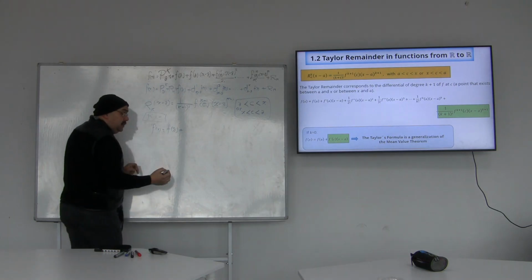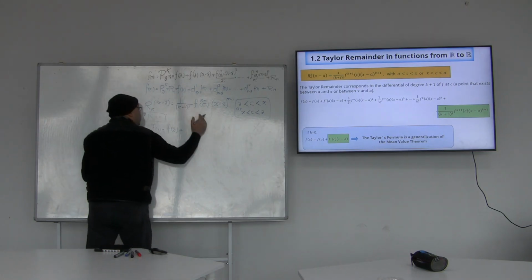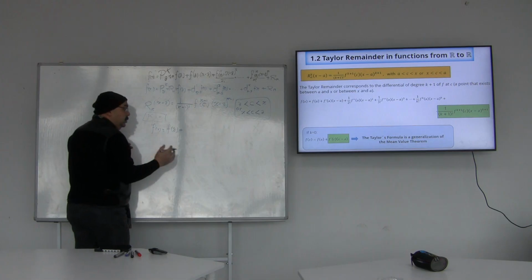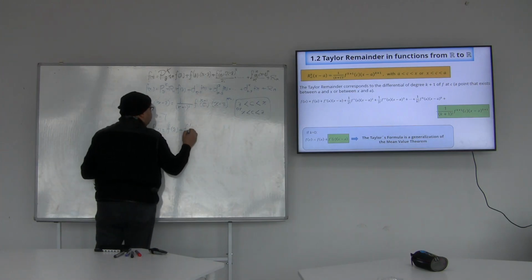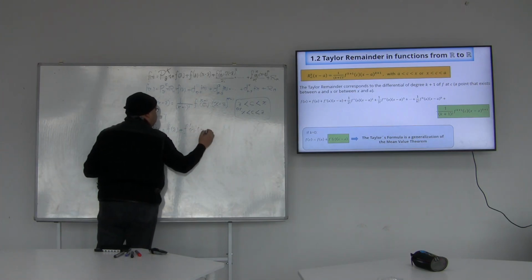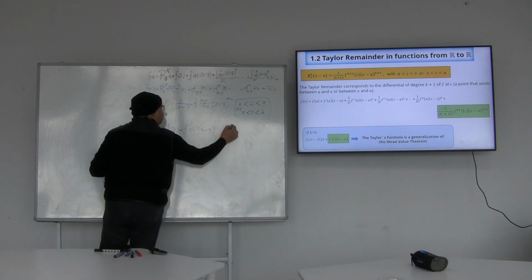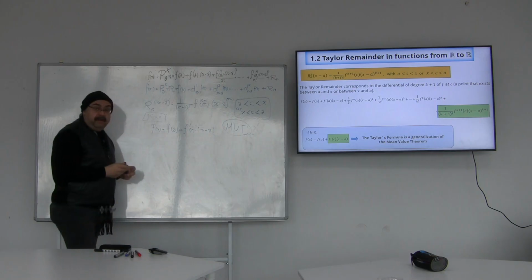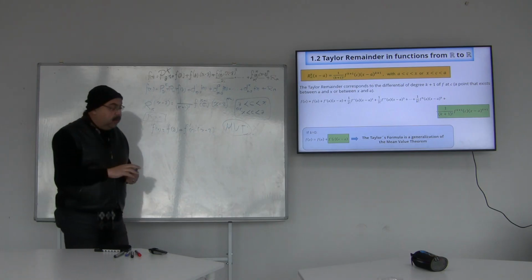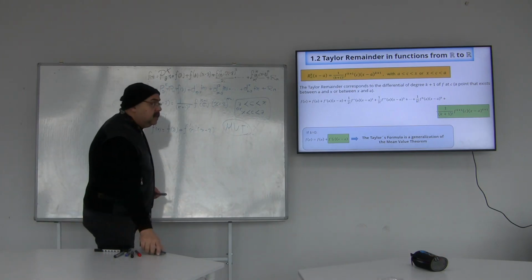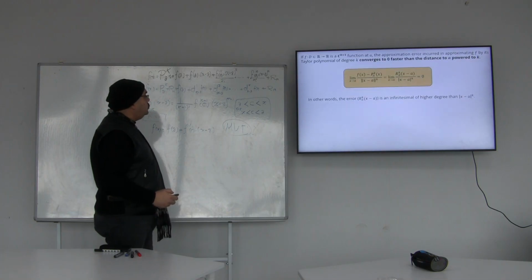The remainder term at this time is going to be the term next to f of a, which is simply f dash at c times (x minus a), which stands for the mean value theorem that we talked about in the previous lecture. This is one of the nicest remarks about this issue.